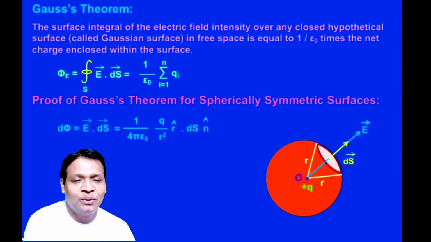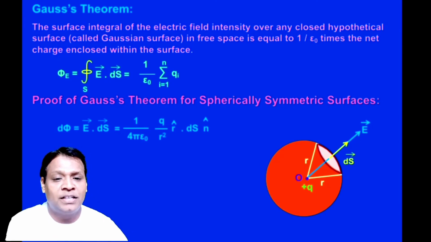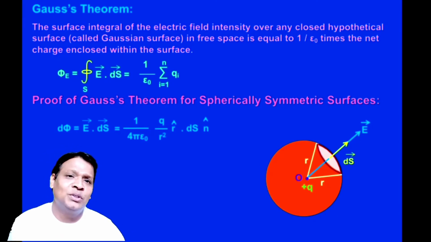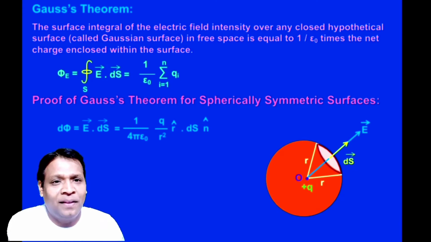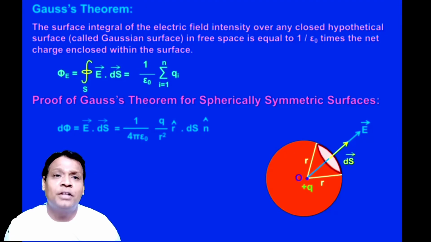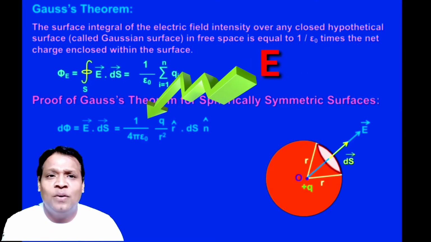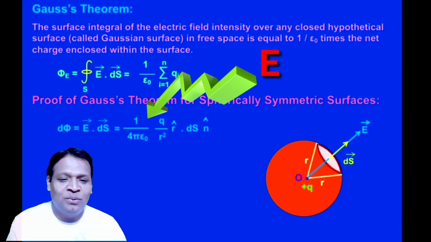So we have already discussed that the flux passing through this area will be given as d phi is equal to E dot ds. As we know, the electric field at a distance r with respect to the origin is E is equal to 1 upon 4 pi epsilon naught q upon r square.